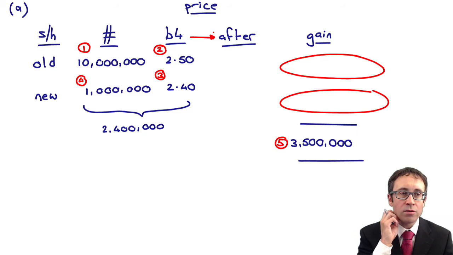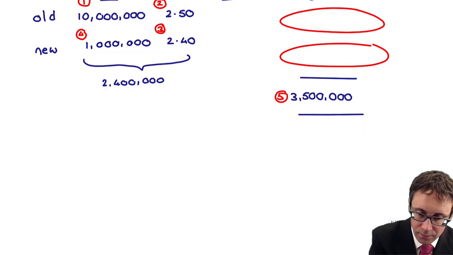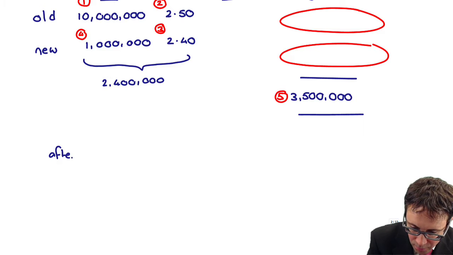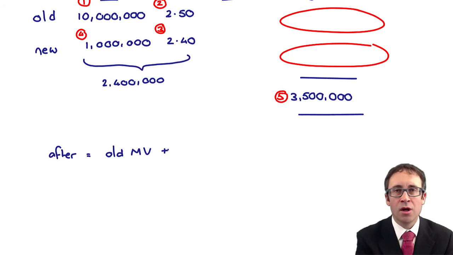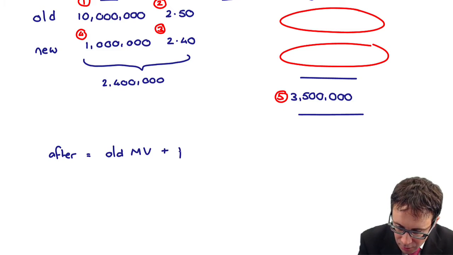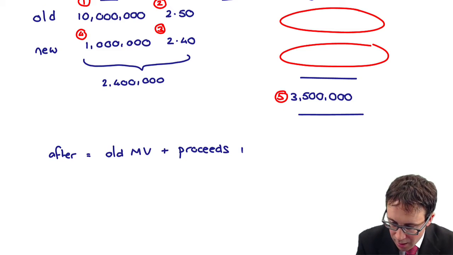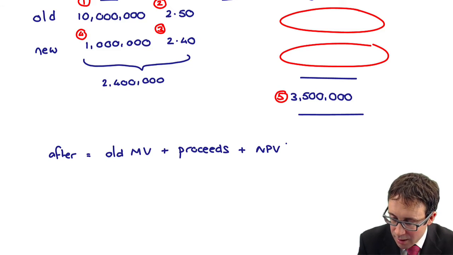Okay, so what have we got? To work out the price after, the way in which we calculate it is we need to start off with the old market value, because that's what the business was previously worth before this new issue of shares. So we start with the old market value. We then receive some proceeds from the new shareholders, and those proceeds generate a net present value.